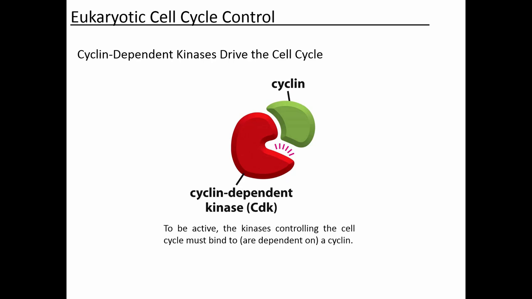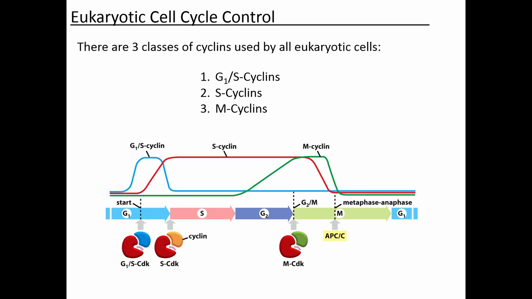Now there are different types of cyclins. You don't need to know them for this class, but I just included them here. You have cyclins that are called G1S cyclins, other cyclins that are called S cyclins, and then a third type that are called M cyclins.